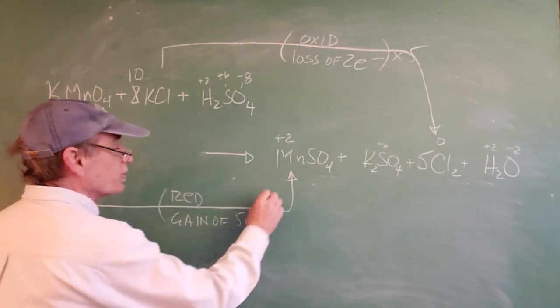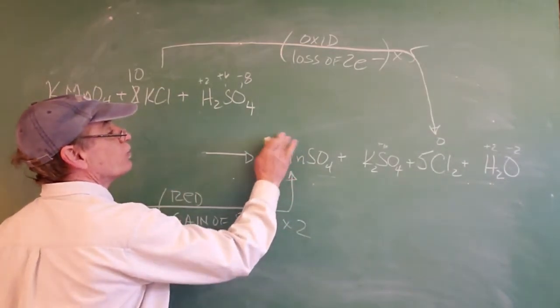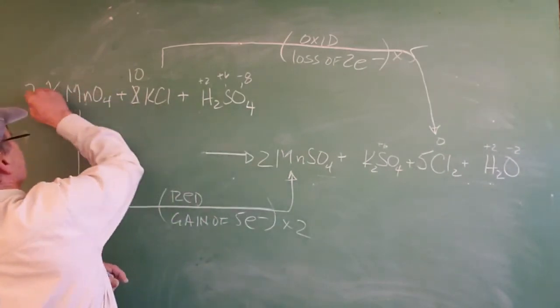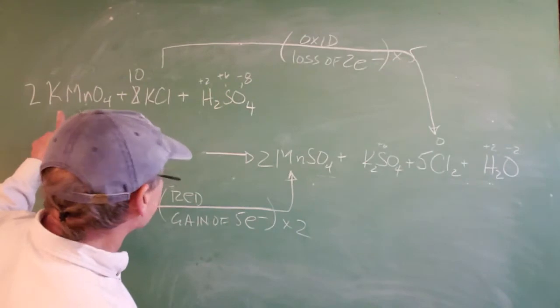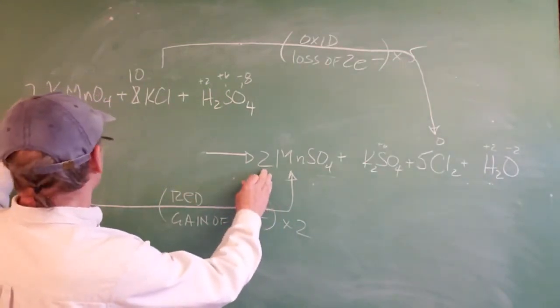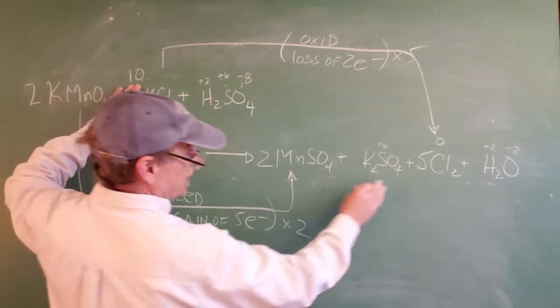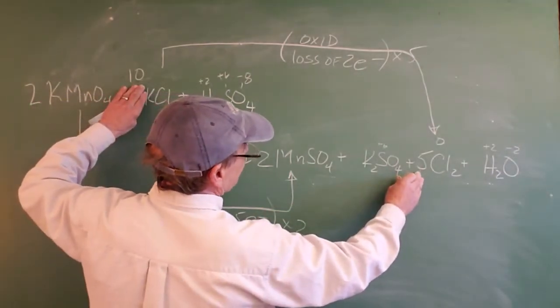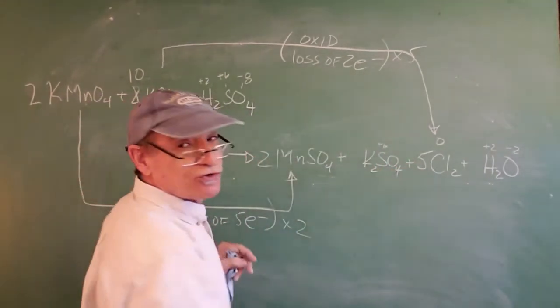We need to double the reduction half reaction. So a 2 in front of the MnSO4 and a 2 in front of the KMnO4. All right, well, if that's the case, then now again, I'm married to those numbers. Those 2's that I placed there to give me a 10 electron gain, and this 10 and 5 that I played in order to give me a 10 electron loss, I have to not touch those numbers.